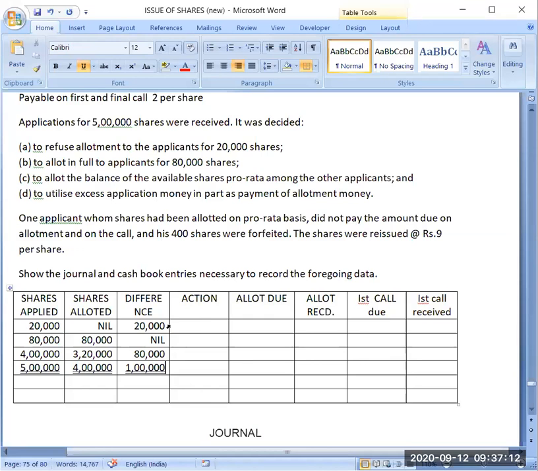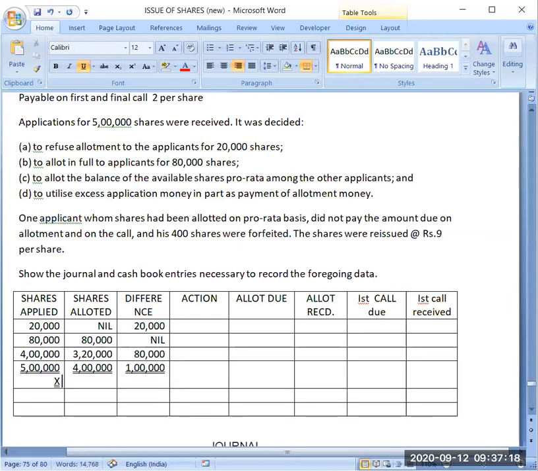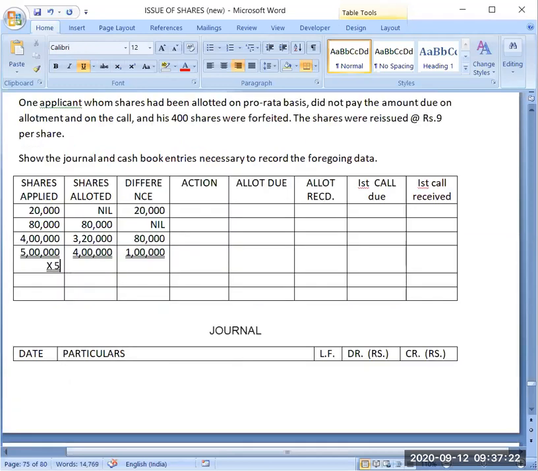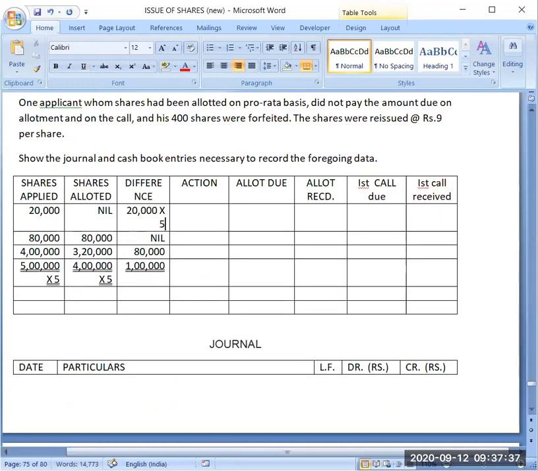Now I have to decide for excess money. So first, this amount multiplied by application money. Application money is how much? 5 rupees per share. This will go to the first entry. Then multiplied by 5, this amount will go to capital. Then multiplied by 5, this amount, what will I do?